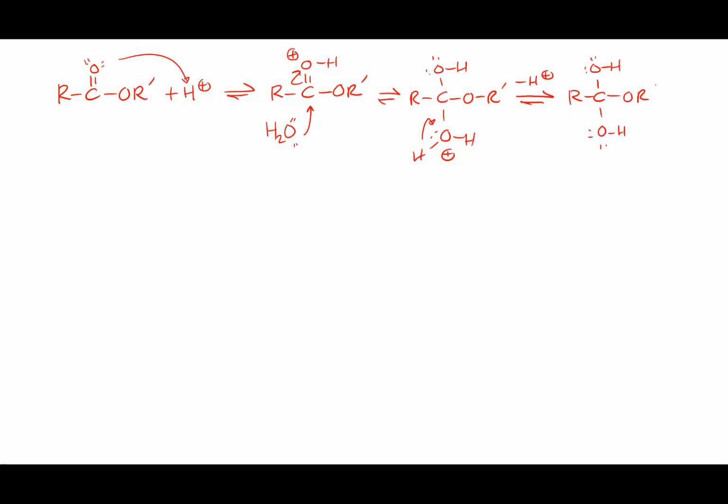Now the problem is that, again, that's not a hydrate because of the presence of this OR group. Now, if I'm going to react this with H plus, if I protonate either of the OH groups, I'm going backwards. So I'm going to go ahead in this case to go forwards, and I'm going to protonate the OR group.